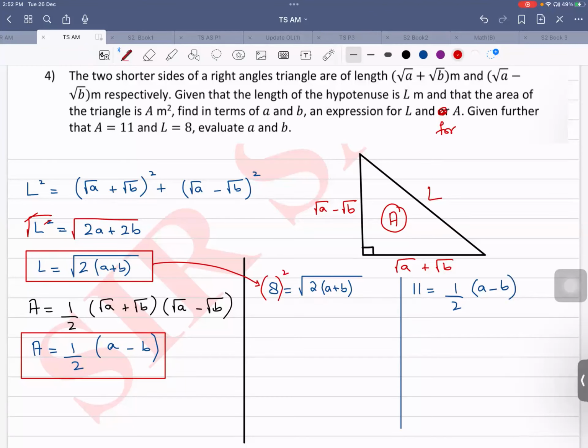Let's apply squaring on both the sides to get rid of the square root. And instead of multiplying 2 with the bracket, let's divide 2 with 64.